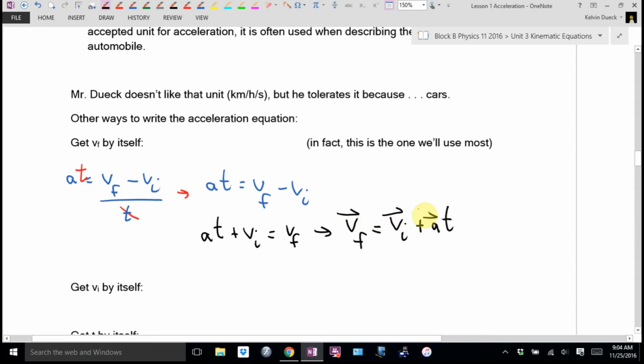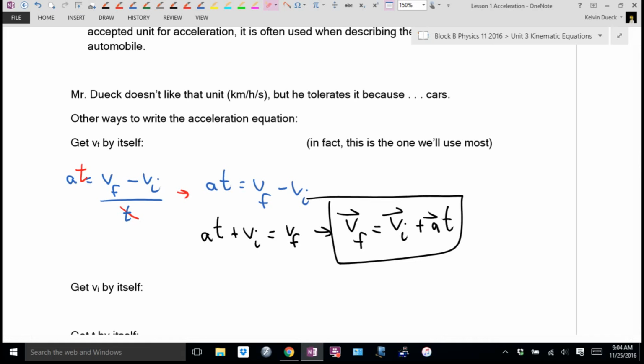That's actually the equation that I gave you on your formula sheet. I gave you that one because most of you hate fractions, and this one has fractions and junk. But I always start out by defining acceleration to then derive that new equation. Also, that one that I just put a box around is easier to rewrite.